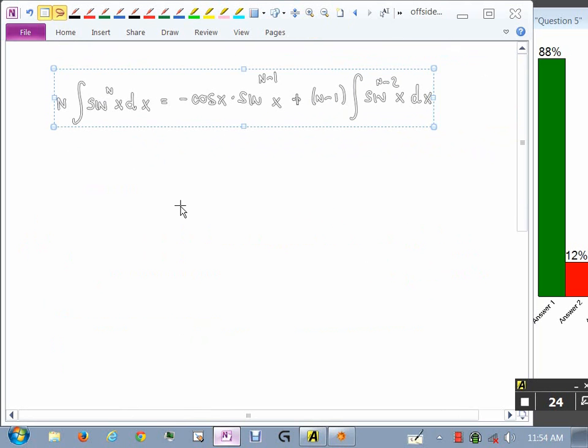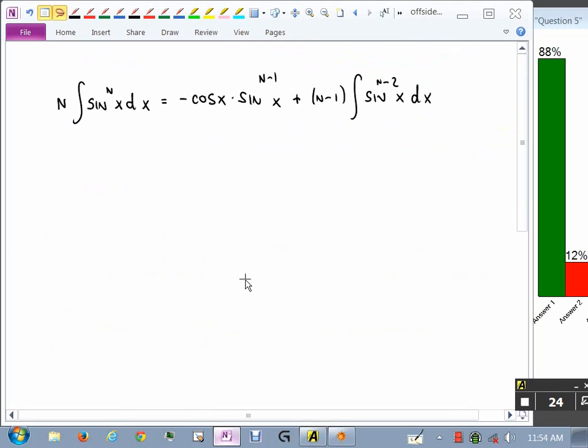I need that integral by itself, so what do you suggest? Divide both sides by this number, which is n, right? Divide this by n, which means divide this by n, I'll just divide that by n, right there. And tell me if you like this or not.